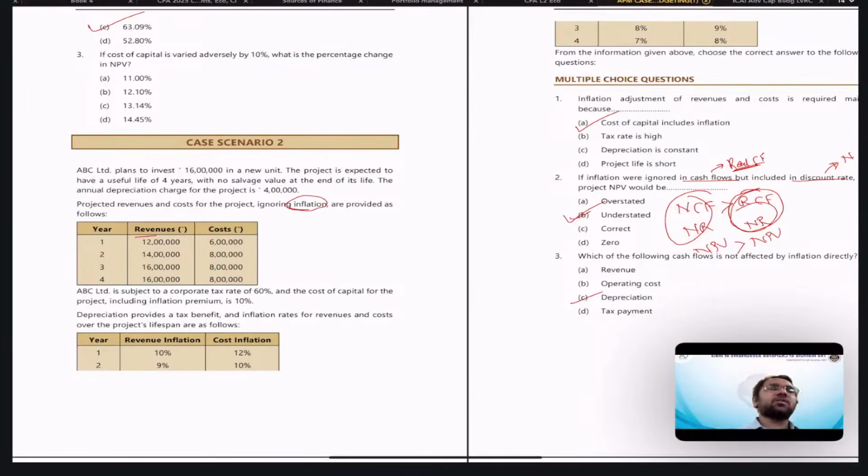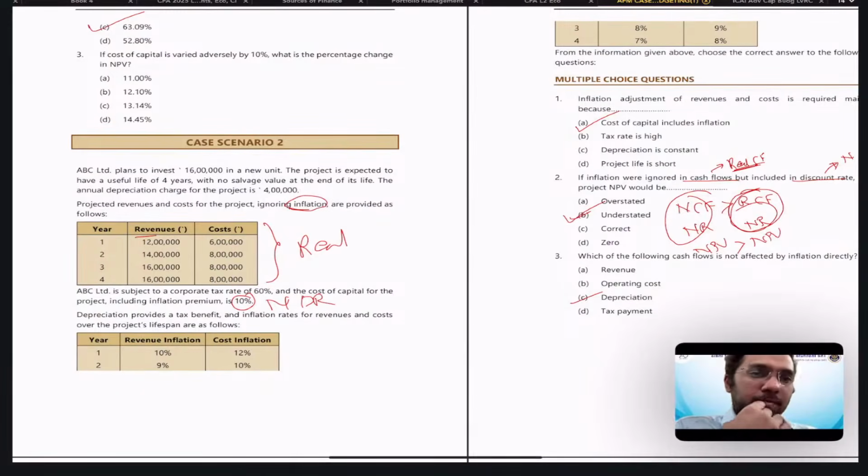So what are these revenues and costs? Are they real cash flows or nominal cash flows? Real cash flows. Now, the discounting rate given is the nominal discounting rate, right?